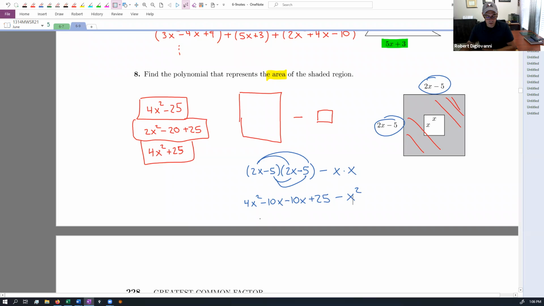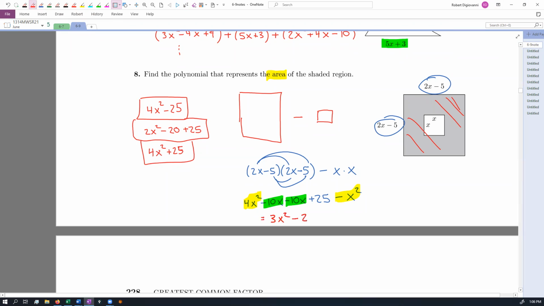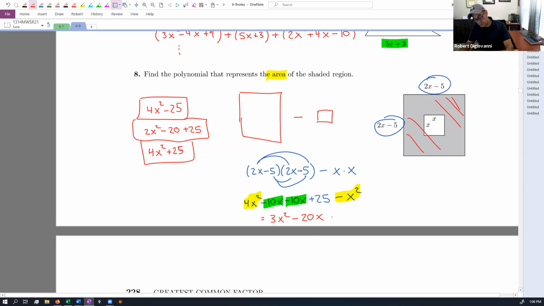What do we get? How about our x squareds? I've got that and that. I have 3x squared. How many x's do I have? Negative 10, take away 10 more, negative 20x. And then I have a number by itself, plus 25. That's it.